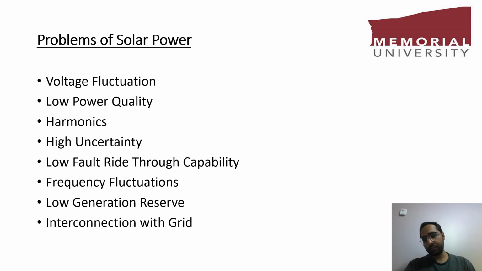Whenever we talk about grid station interconnection, at the grid station there is definitely power coming from a different source, and we are connecting power from a solar power plant. In electrical systems, whenever we have to synchronize two different sources, we need to be very particular and cautious about the phase angle, the voltage amplitude, and the frequency between the two sources.